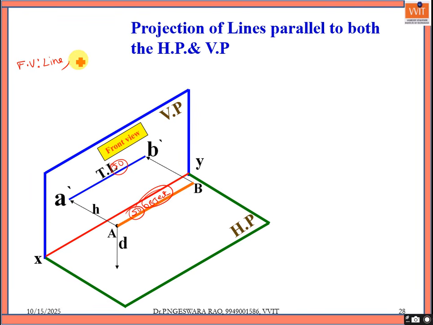The image length is the same as the object. So we need to draw a line in the front view with the original length. And whatever image you got here, this image is a line, and with respect to xy it is parallel to the xy line. That is what we need to draw in the front view.